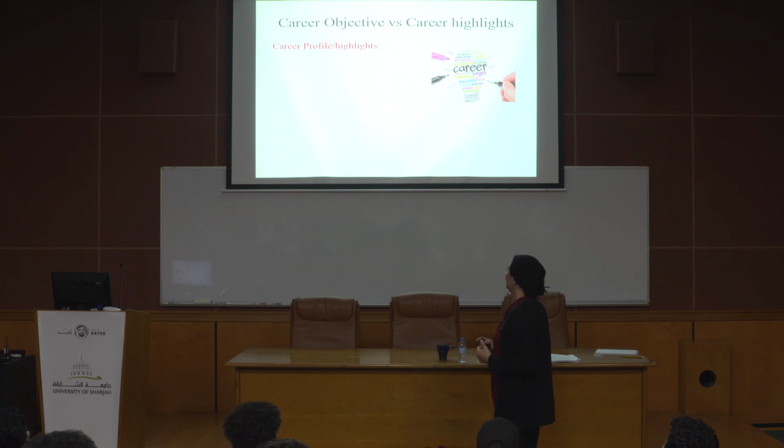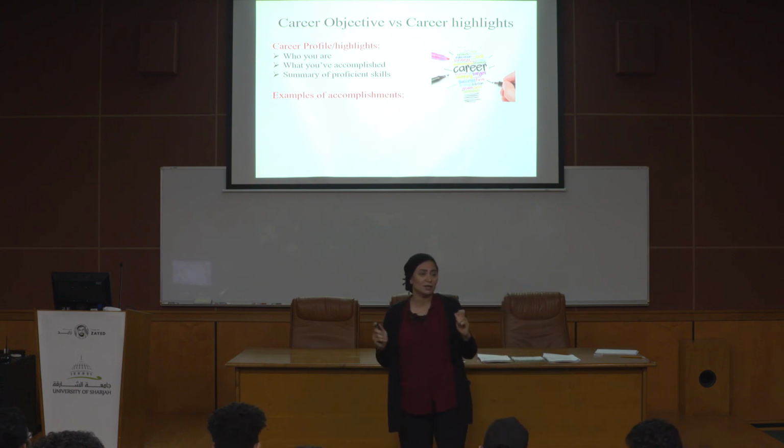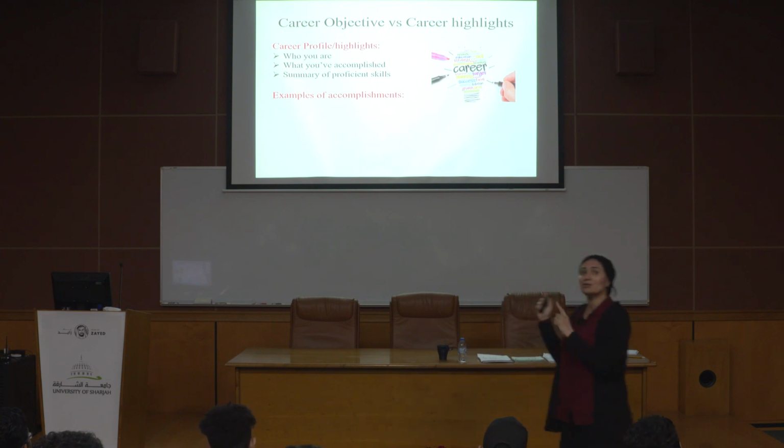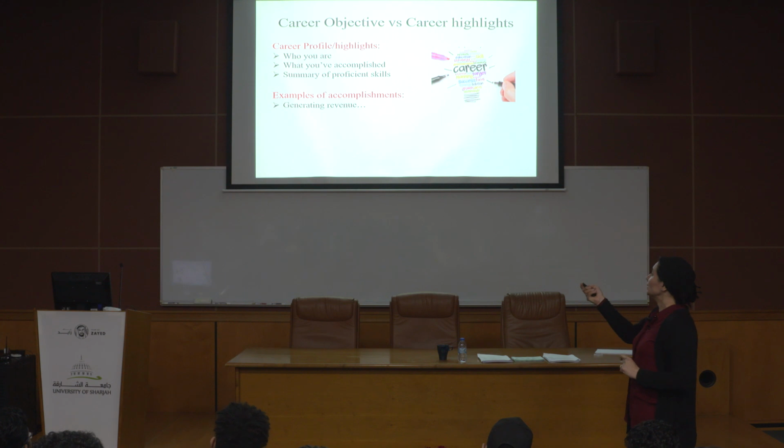Career profile or highlights. You write who you are, what you have accomplished, a summary of proficient skills, examples of achievements. And this is the way we are going to write it, this way. I write who I am through this sentence. For example, generating revenue.